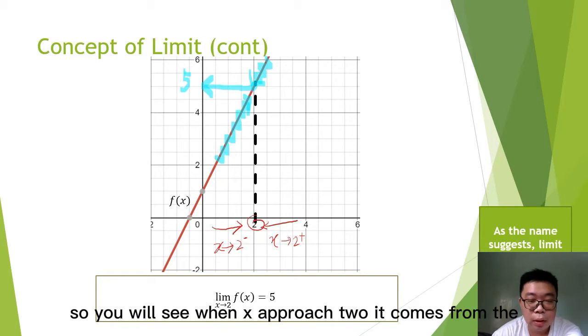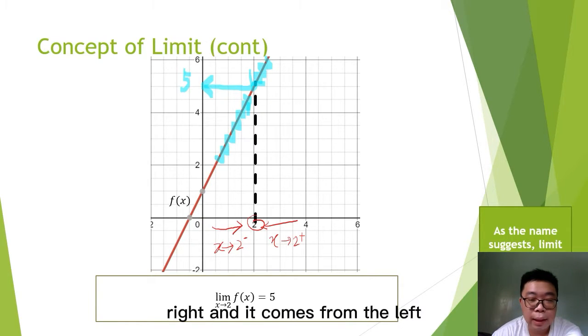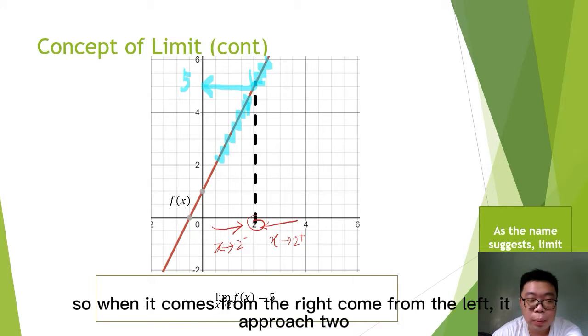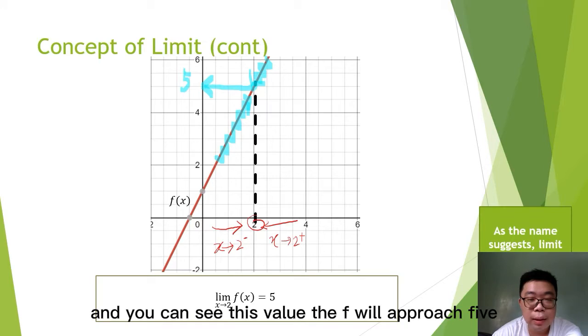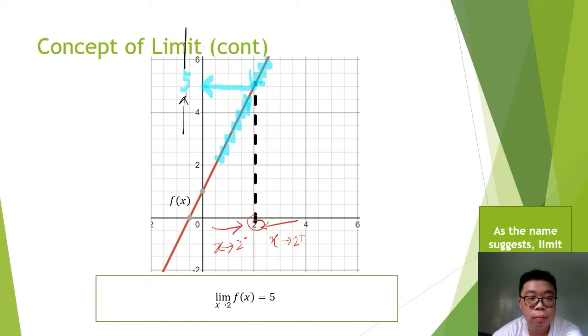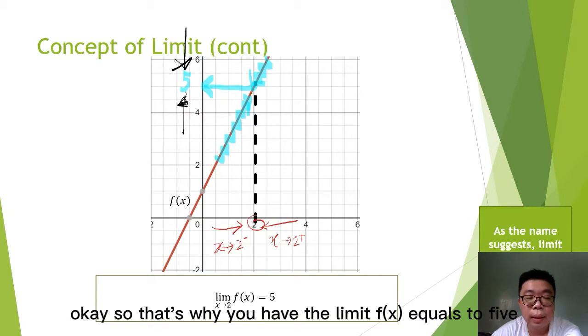It comes from the right and it comes from the left, approaching 2. And you can see the f will approach 5. So that's why you have the limit of f(x) equal to 5.